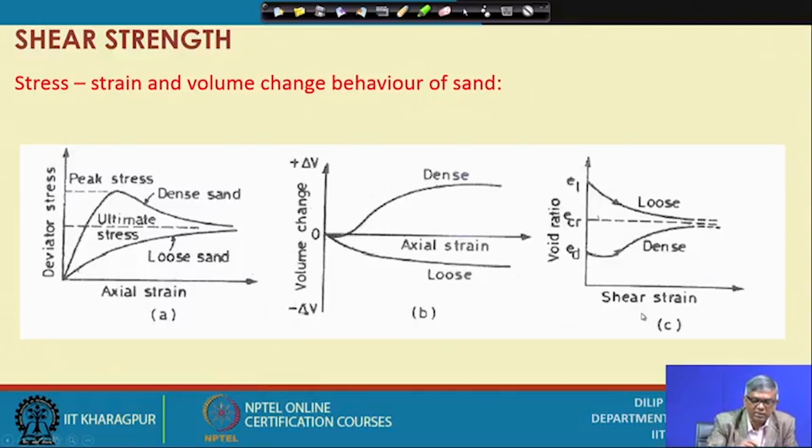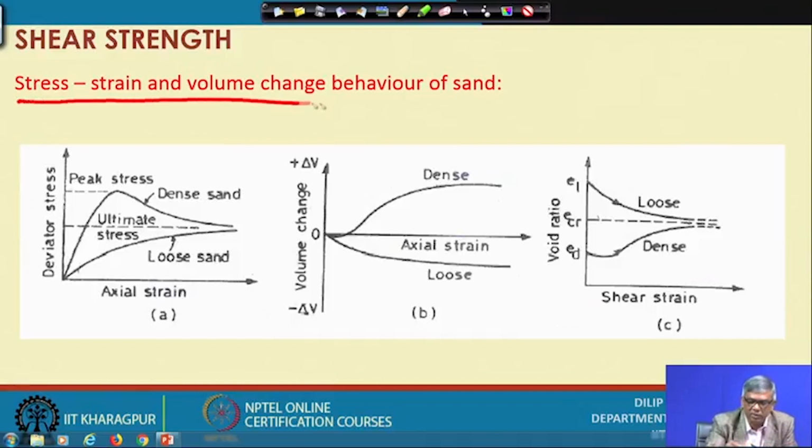Similarly, for the stress-strain and volume change behavior of sand, whatever we have discussed for clay, normally consolidated and overconsolidated clays behave differently, as we have seen. For sand, like clay, we have two groups, but here sand is classified as dense and loose, though there can be in-between states too.